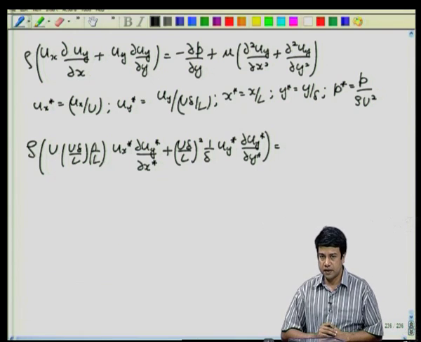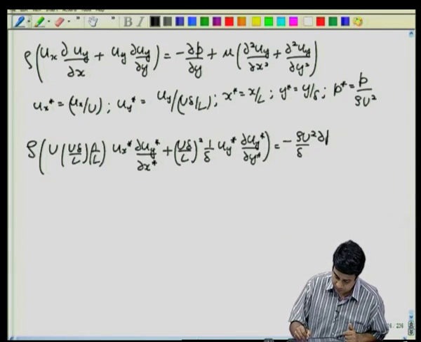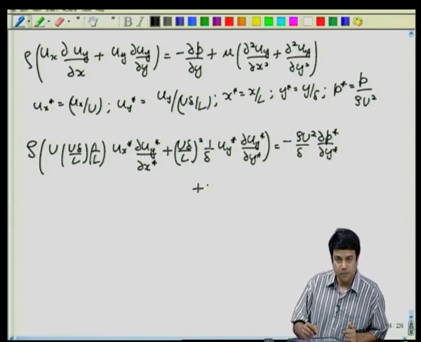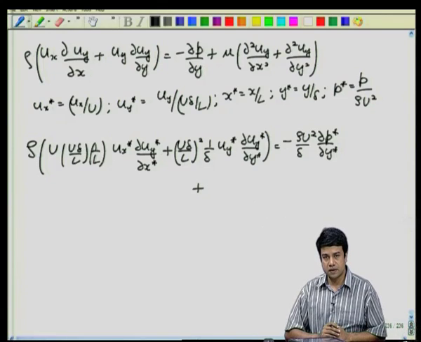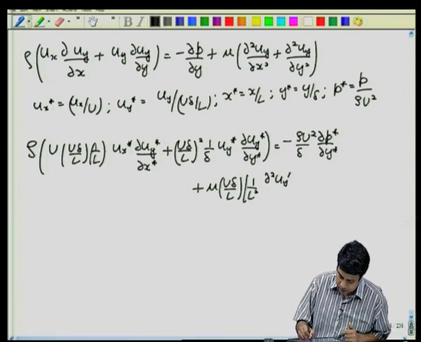Pressure scaling is rho u squared, and y is delta, so this becomes minus rho u squared by delta. Plus there is the viscous term, uy is u delta by L, into 1 by L squared, partial squared of uy star.